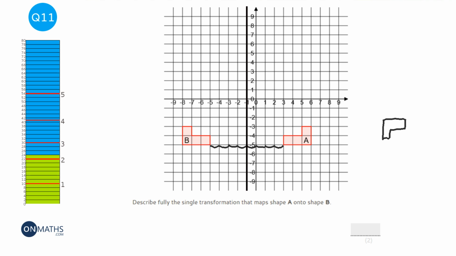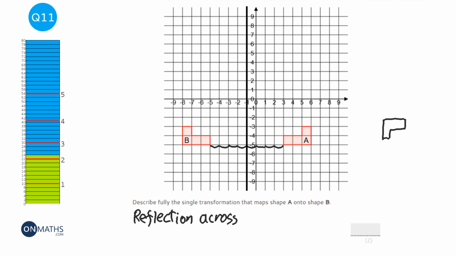So how do we write all this down? Well, the first word to use is reflection. And that's important. And we need to say where it's being reflected. The way of describing where it's being reflected is by describing what the line that I've just drawn in is called.